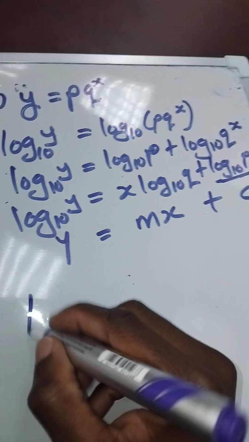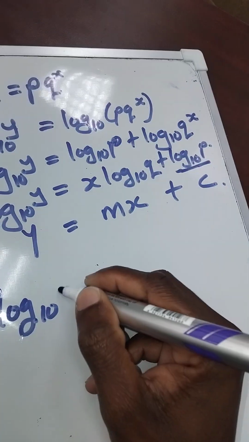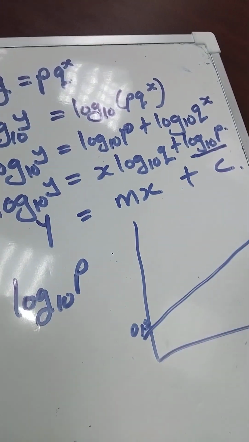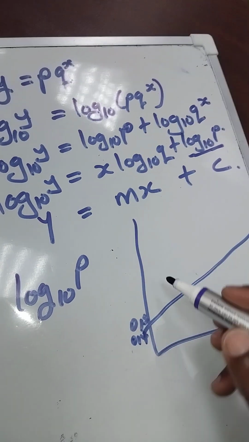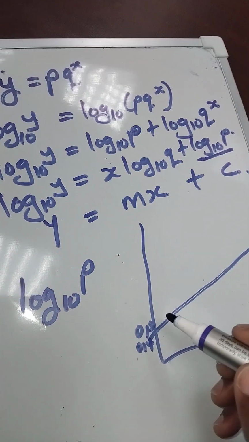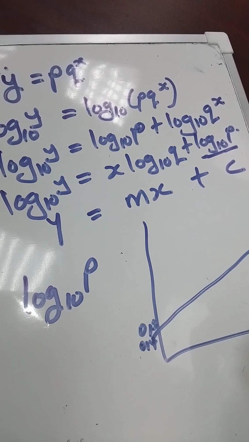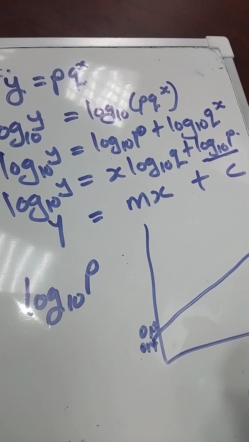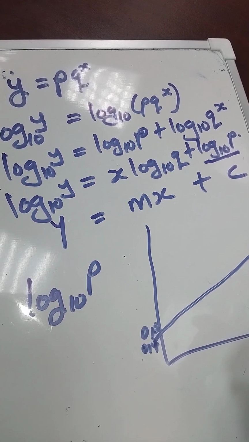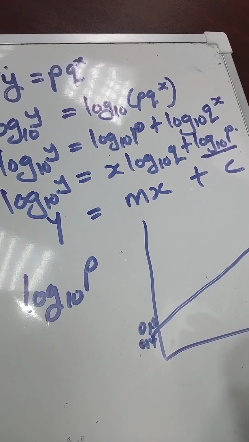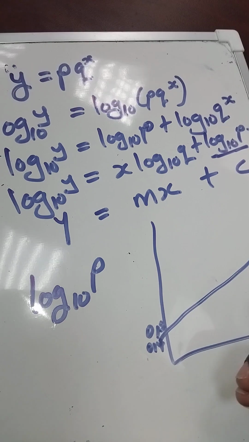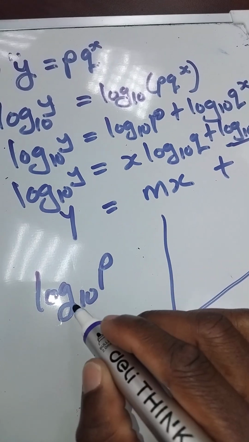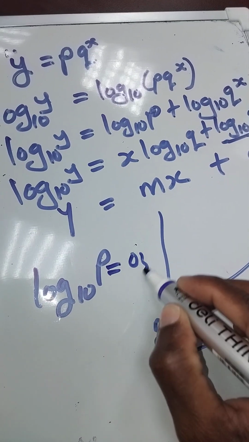On our graph the line meets the y-axis at 0,4, so log base 10 p is equal to 0,4.